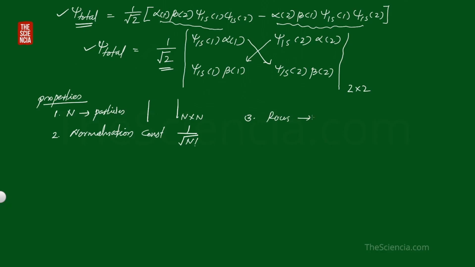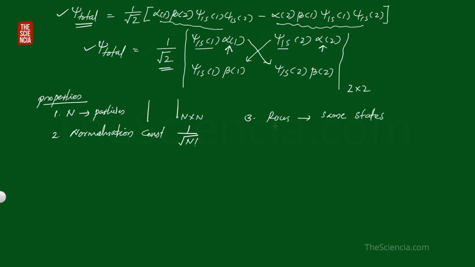In the rows, you can see the same states. See, this one is psi 1s alpha of 1. Alpha 1 means up spin, right? And here psi 1s of 2 into alpha of 2, that is, the particle is in the up spin. So the space part is psi 1s in both cases, and the spin part is up spin in both cases.